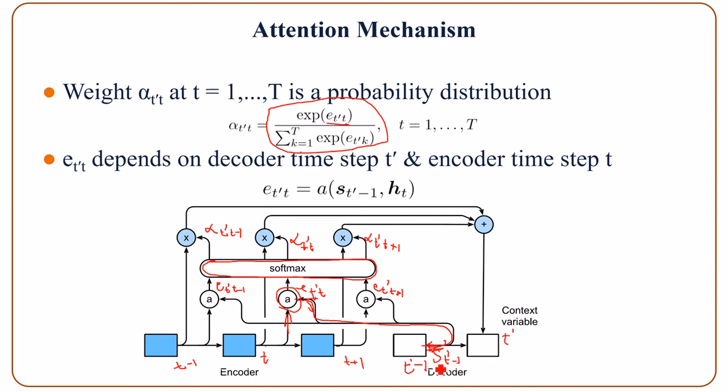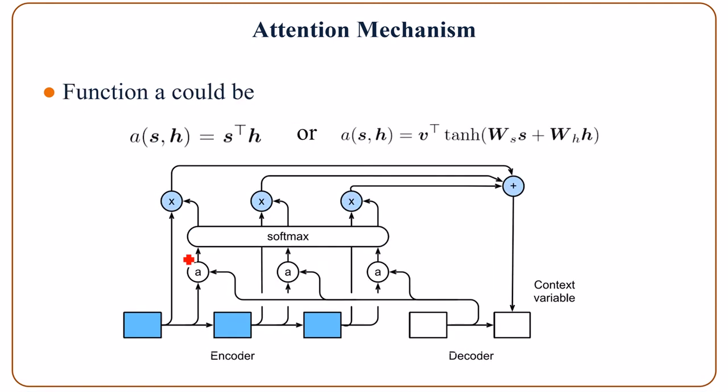We use s for the hidden states in the decoder, and h for the encoder. One of the choices for the function a is the inner product of the vector s and the vector h if they are of the same length. In the original paper, the authors actually used a tanh function. The hidden state of the decoder and the hidden state of the encoder contribute to the output of the function via some weights.